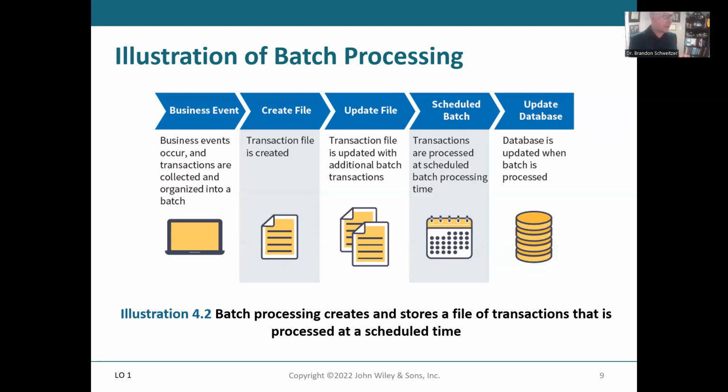Once 11:59 p.m. rolls around, the batch gets processed and the data gets stored into the database. And so the next morning, when the management goes in to see the sales from the previous day, based off of the batch report, they're able to see that in relative real time.